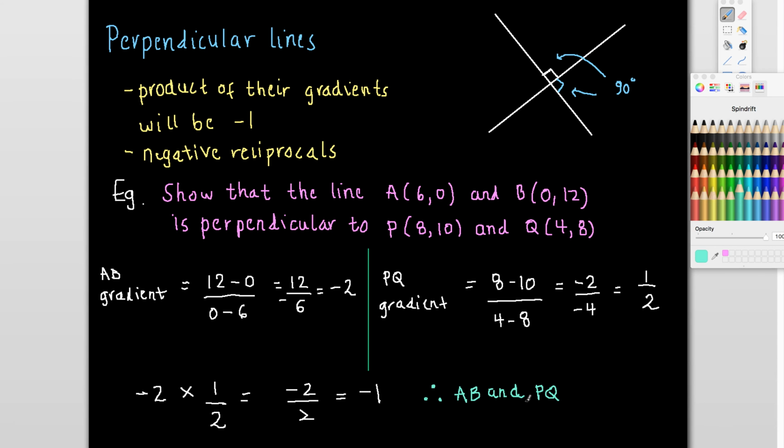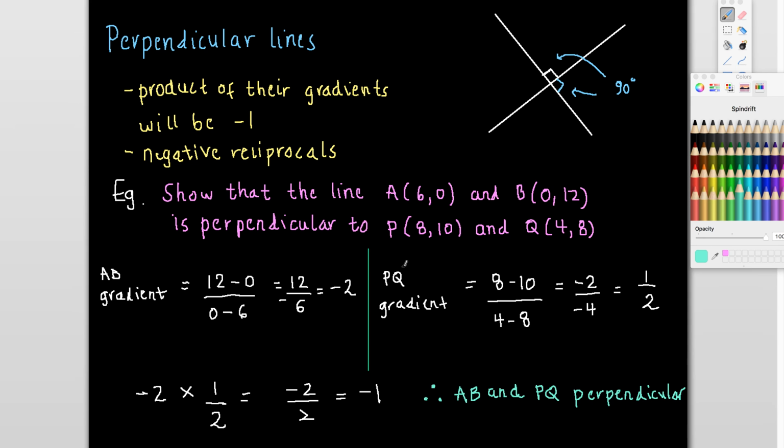I know that as soon as I find the product of their gradients and it is equal to -1, I know that this is true. Just like if I was shown this, and I was to make a statement about the lines, I could say, yep, I can see that it's -1, they therefore must be perpendicular.